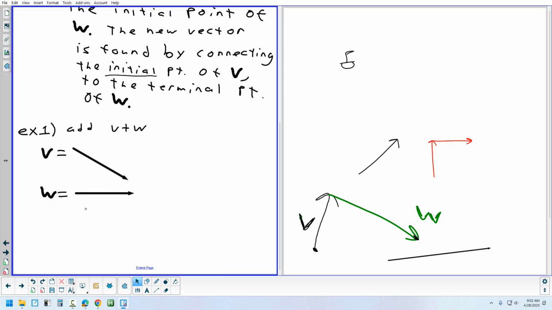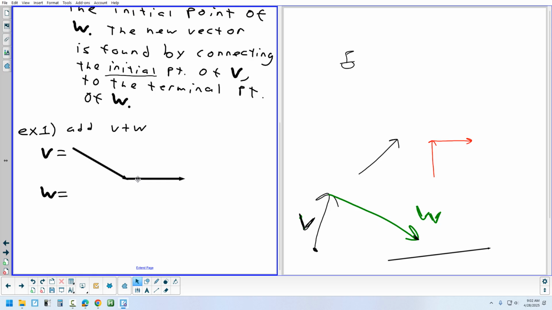Yeah. The endpoint of one on the other. Yep, and let's do it in the order V first and then W. So let's take the end point of V, which is where the arrowhead is, and take the starting point of W, and line those up just like that. V plus W on the end of it.